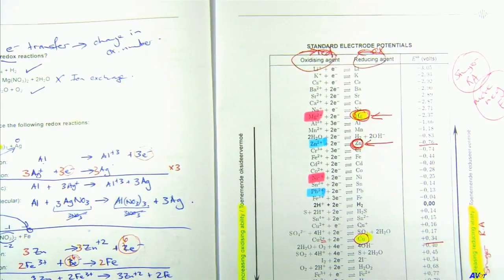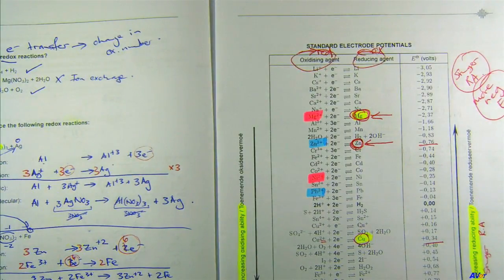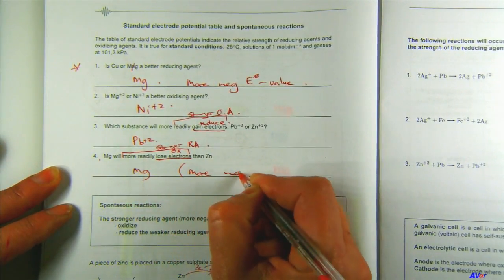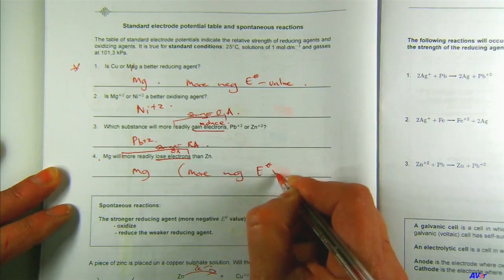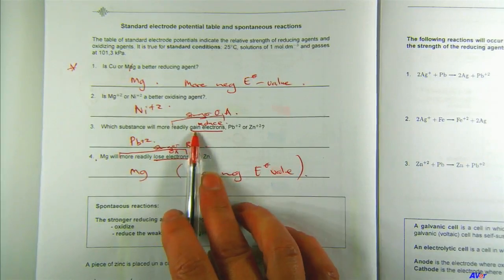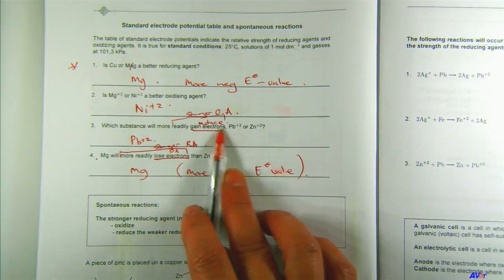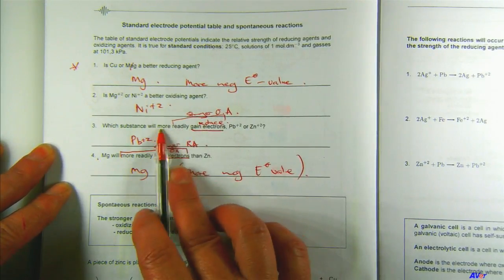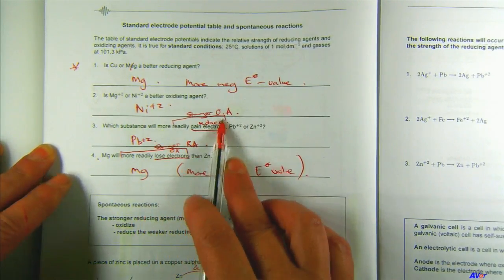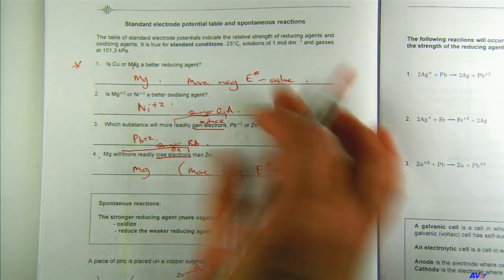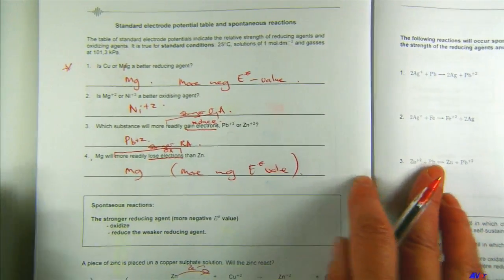Who's the stronger reducing agent? Magnesium. Because it's got the more negative E0 value. Right. So if you read gain electrons, immediately translate to reduce. Electrons gain is reduce. Who will more readily reduce? The one that is the stronger oxidizing agent. Right. So it's having your wording correct.